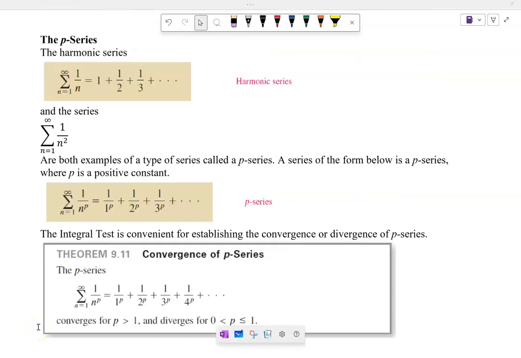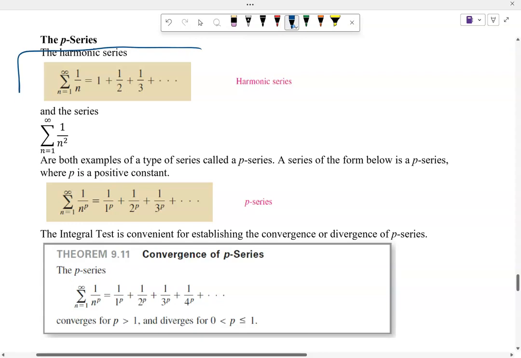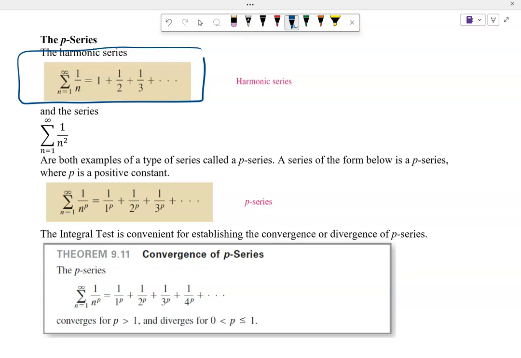All right, the last one for today is called the p-series. Now, last time we discussed the harmonic series, right? We used a table of values to show that it very, very slowly does diverge. But anything of the form 1 over n to the p is referred to as a p-series.